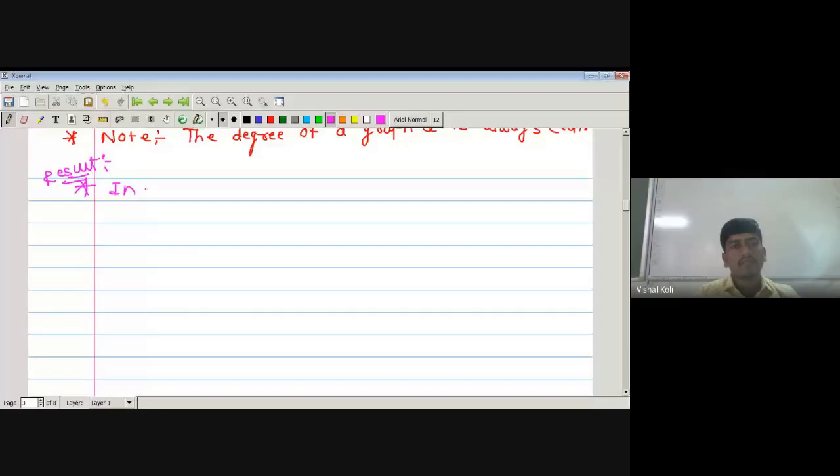In any graph, the number of vertices of odd degree is always even.